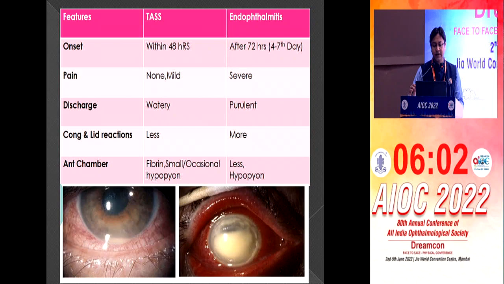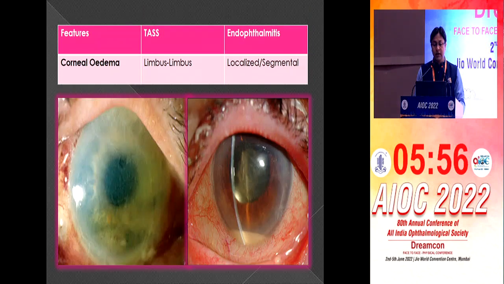When we compare the anterior chamber, the anterior chamber reaction is usually less in endophthalmitis but more in TAS. And this feature is very important: corneal edema, a clinically differentiating factor that is usually found in all cases. In TAS, you see complete limbus to limbus edema, and in endophthalmitis it is either localized or segmental, and usually you can see through the cornea.